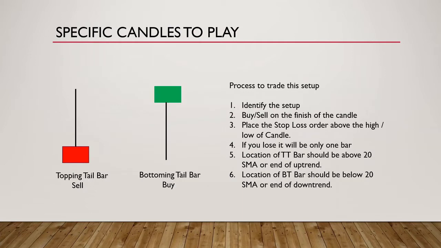In options buying, you have to specifically look out for these candlesticks on a 3-minute time frame. Let's take the example of Bank Nifty. Why Bank Nifty? Because there is so much volume, and the buy and sell bid-ask quantity is good, so there are no liquidity issues.